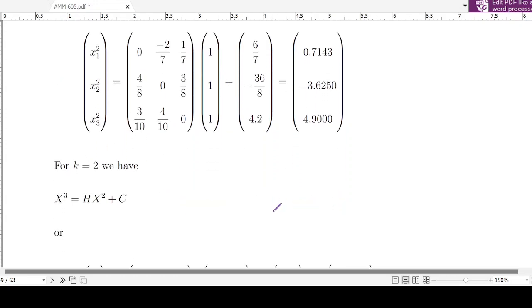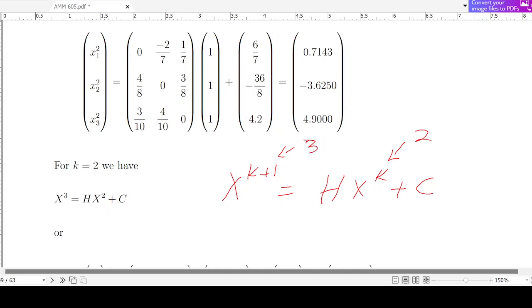Similarly, for k is 2, remember we are using the equation x^(k+1) equals Hx^(k) plus c. So when we set k is 2 here, then this will be 2 plus 1, which is 3. So we shall get x^(3) equals Hx^(2) plus c. H remains the same, but now x^(2) is this vector here. This is our x^(2).